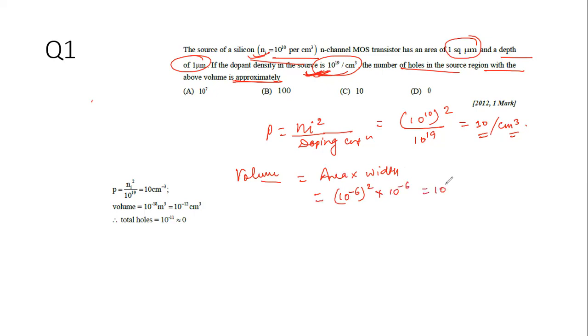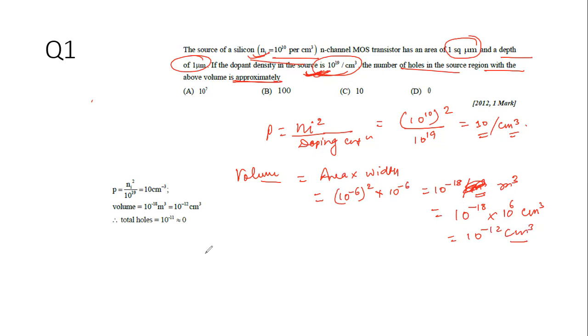And this is 10 to the power minus 18 meter cube. If you convert into centimeter cube, this is 10 to the power minus 18 into 10 to the power 6, and this becomes 10 to the power minus 12 centimeter cube.